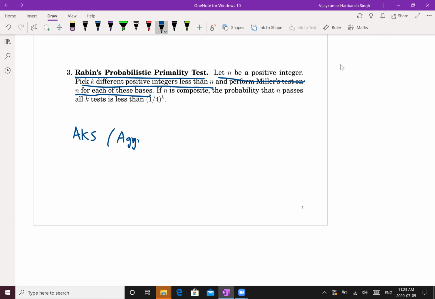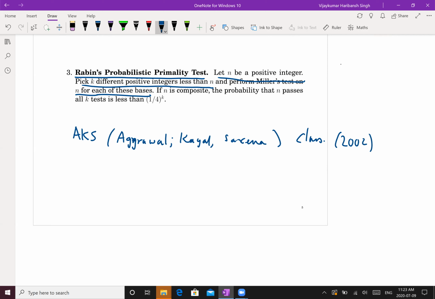Agarwal, Kayal, and Saxena. So these are classes of primality test. The first algorithm was discovered, or invented, by Agarwal, who was the professor of Kayal and Saxena. This was their undergraduate BTech project, and this was done in 2002.